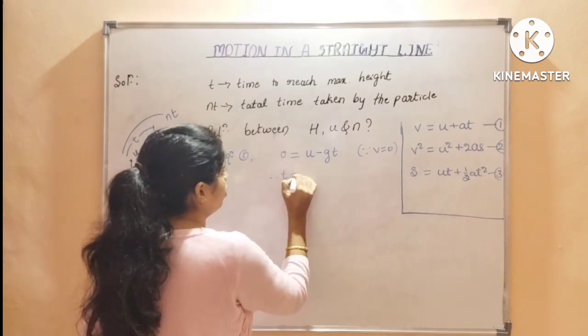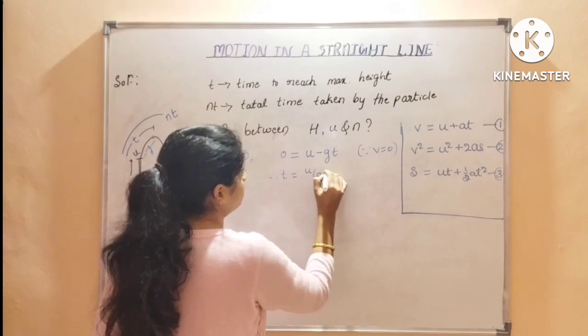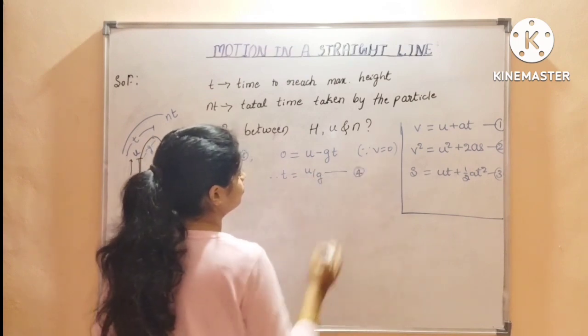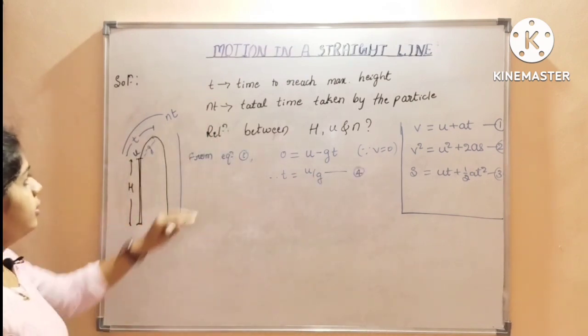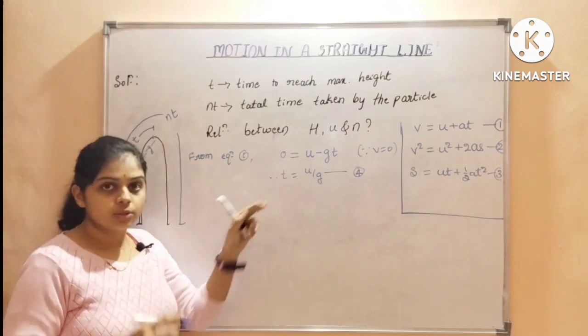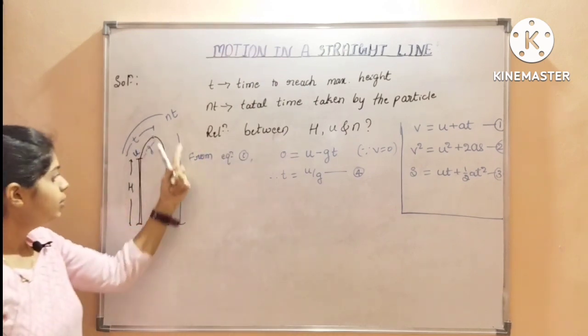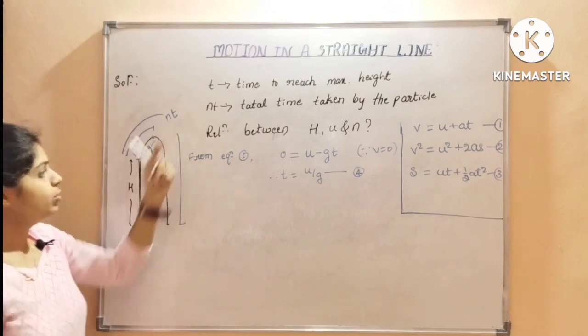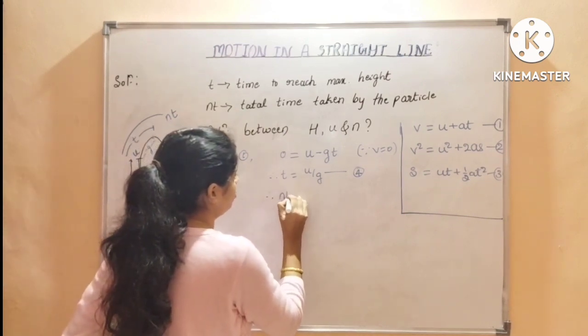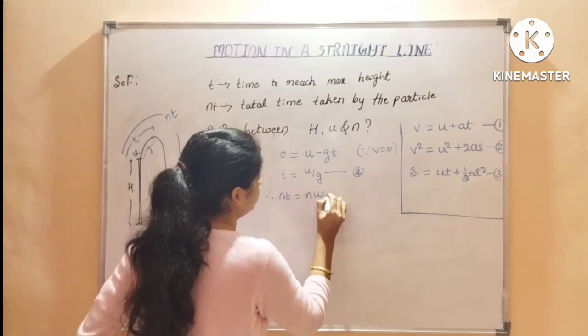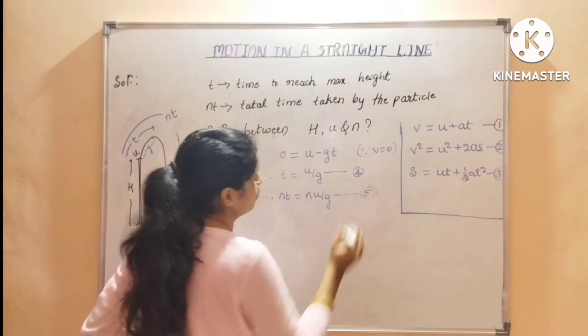Therefore t equal to u by g. This is equation number 4. And they have mentioned that total time taken by the particle to reach the ground is n into t. Therefore n into t equal to n into u by g. This is equation number 5.